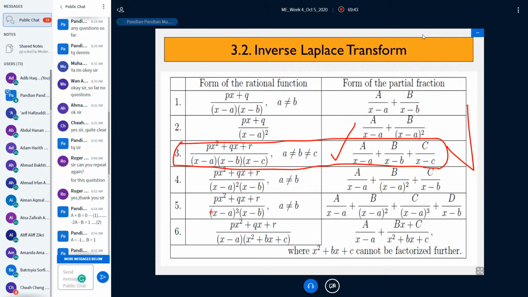Outside these 6 forms is very difficult. But we are sure these 6 forms are sufficient to solve any problem within this syllabus. Because if it's outside this, then we cannot do that. Then it becomes very complicated and very difficult. So we limit ourselves to this.